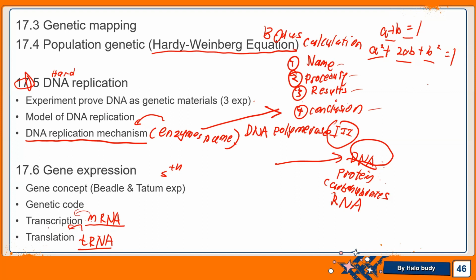But many people ask me, apa itu transcription, apa itu translation? Tak apa, di semester 3 awak akan tahu. Yang paling penting, yang general punya, mereka ialah proses untuk sintesis protein.